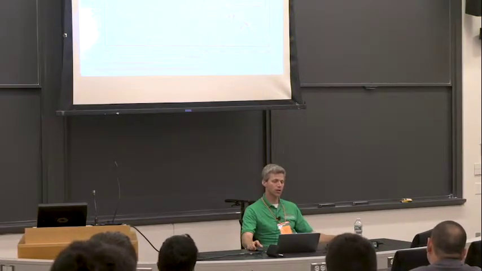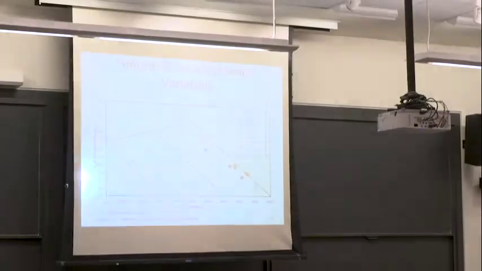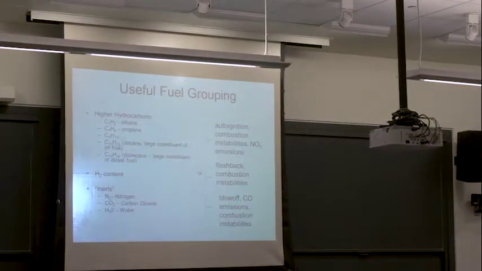Particularly once you start getting propane, you might actually have gobs of pure liquid. Actually, I'll show you a picture next of what happens. The other thing that can happen is auto ignition. You auto-ignite easier as you have these higher hydrocarbons. Now, as you move in this direction, it's going to get harder to burn, because it's lower heating value.